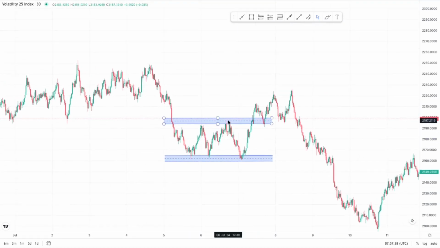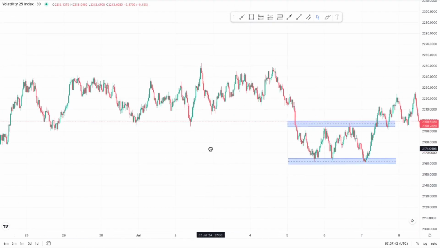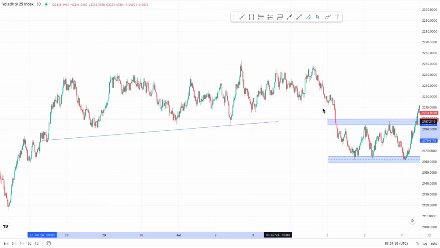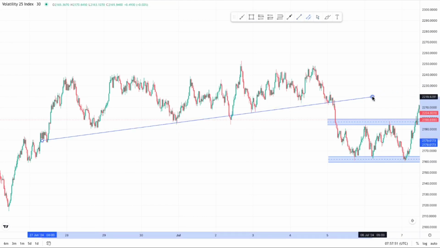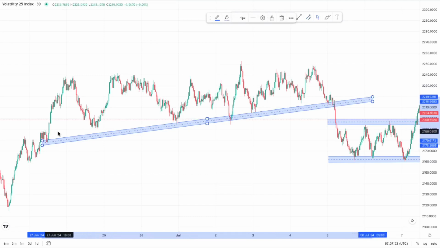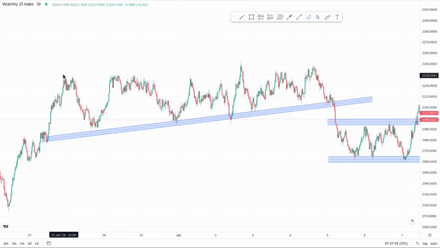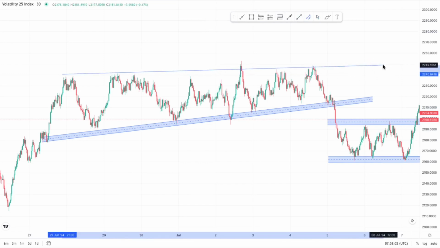This is the example that we used for our lesson today. We can also have a diagonal support and diagonal resistance, which follow the same procedure. This was a dynamic support, and up here we had the resistance as well.